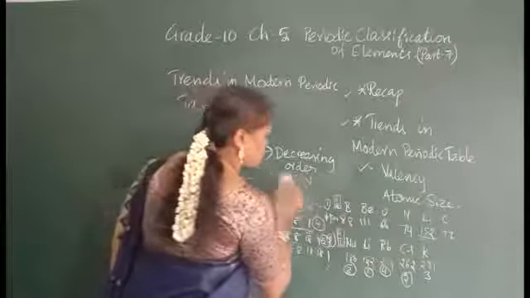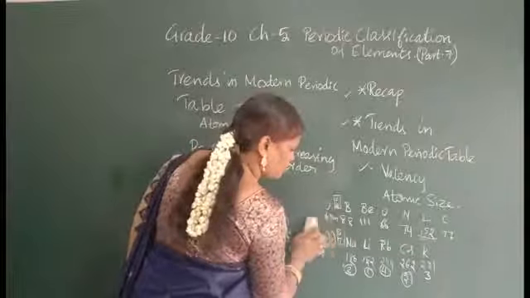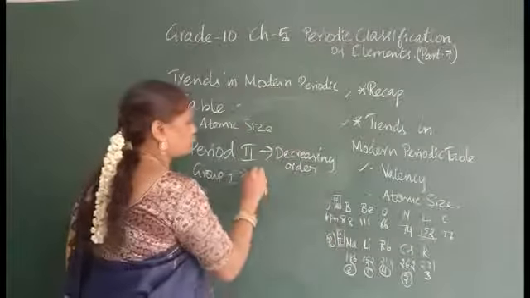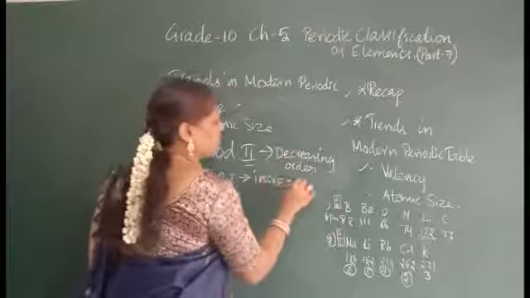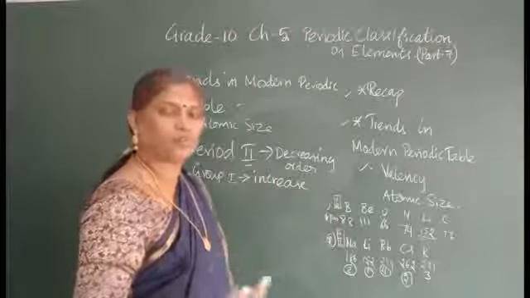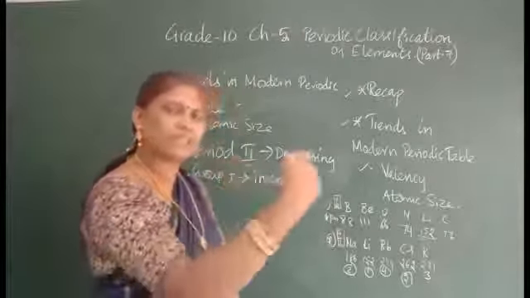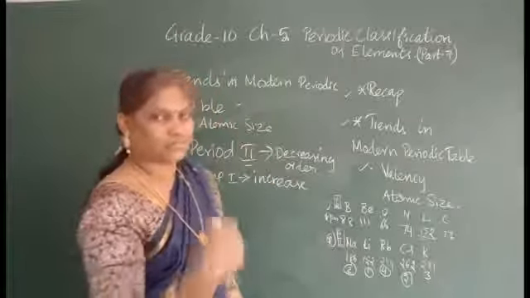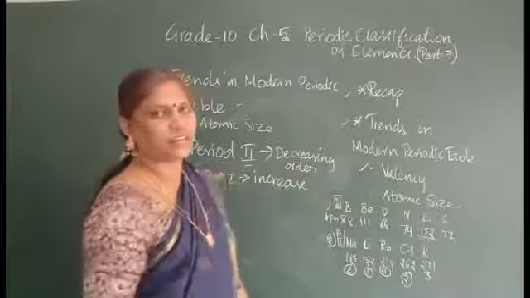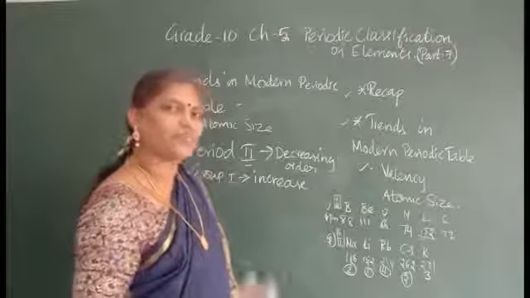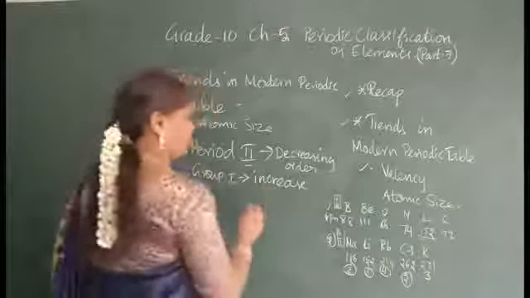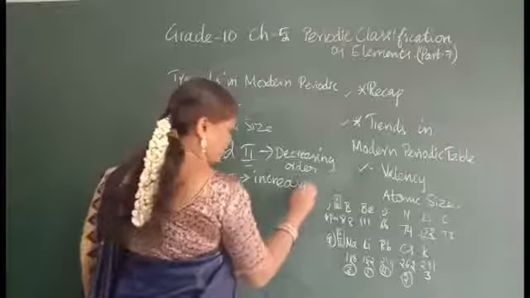The atomic size increases. The outermost shell is increasing by 1 unit, so obviously from the center, the increase in the shell will give the outcome that the atomic radius also will be increasing.